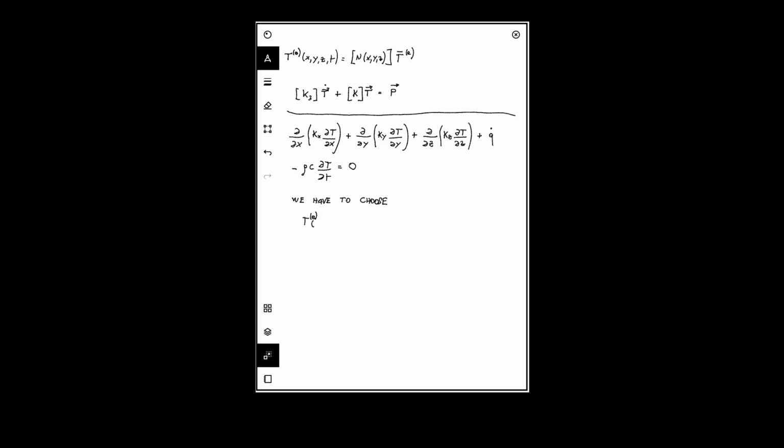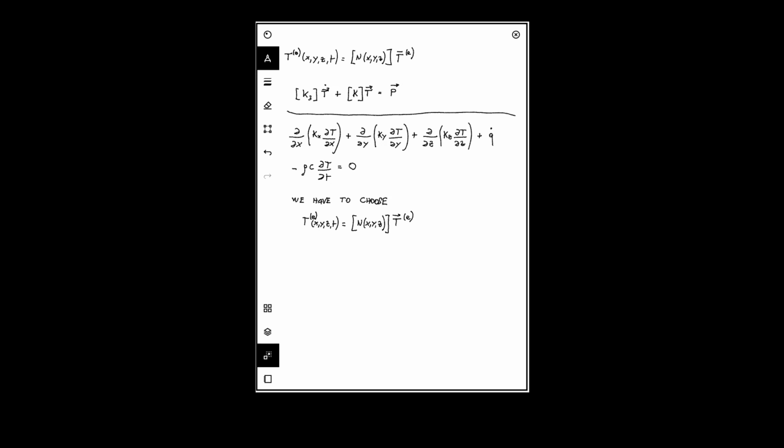T, function of x, y, zeta and t, is equal to N, function of x, y and zeta but not t, multiplied by the vector. This is the interpolation function, and this is the vector of the value of the temperature at each node in the element. We have to underline in the element. We are considering only one element now.